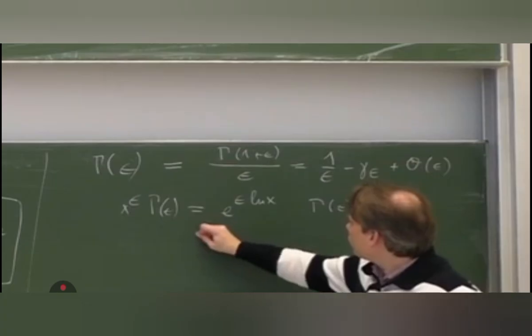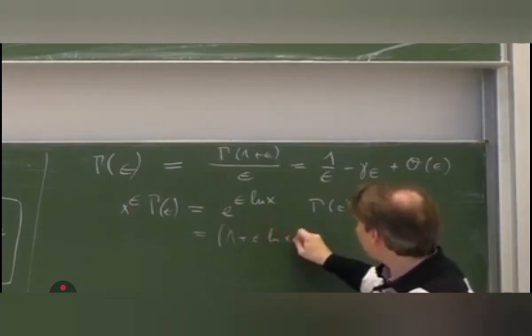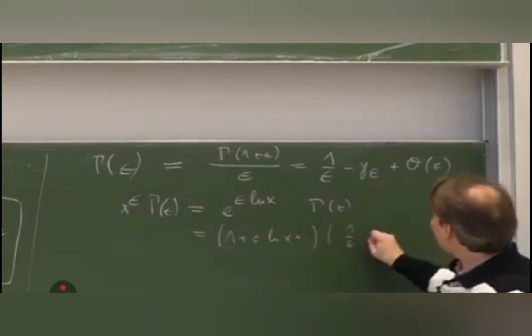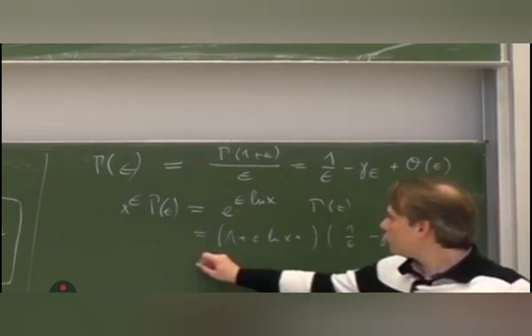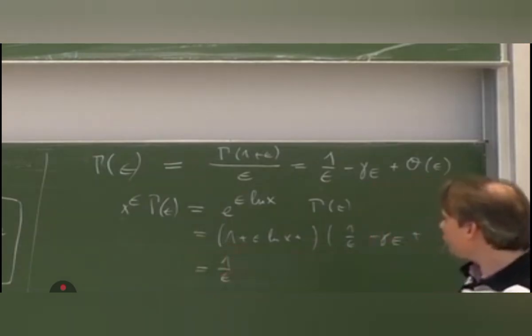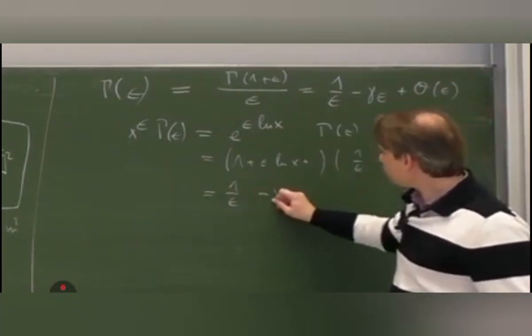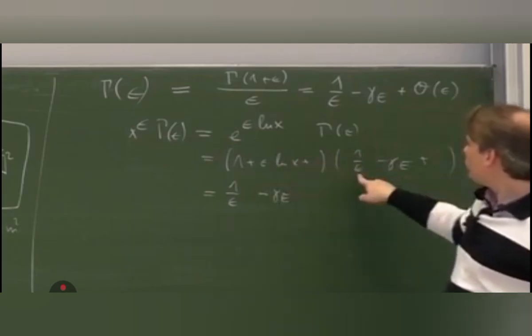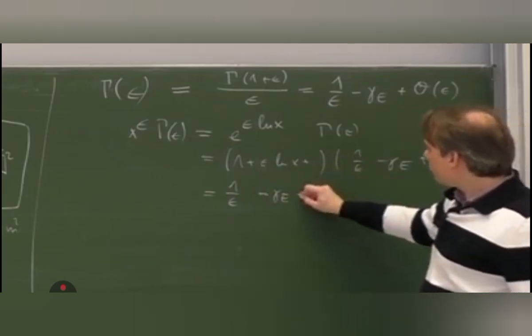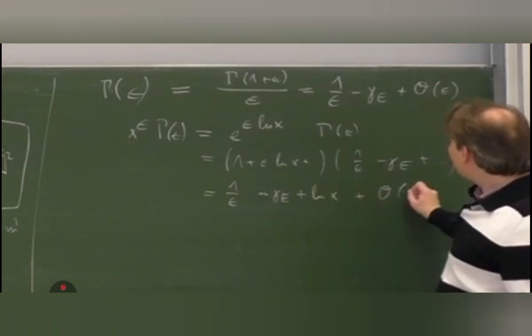And so that is now expanded: 1 plus epsilon times ln x plus higher orders in epsilon, times 1 over epsilon minus gamma E plus higher orders in epsilon. And so therefore if you multiply, we get one term 1 over epsilon still. Then we get minus gamma E, and here we get 1 over epsilon times epsilon, plus ln x plus higher orders in epsilon.